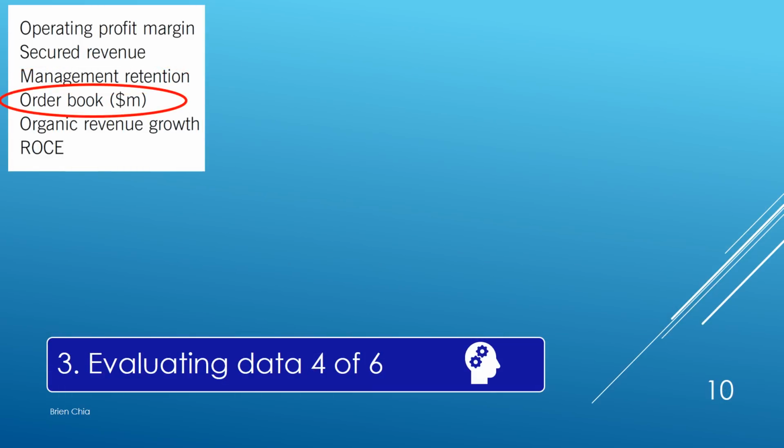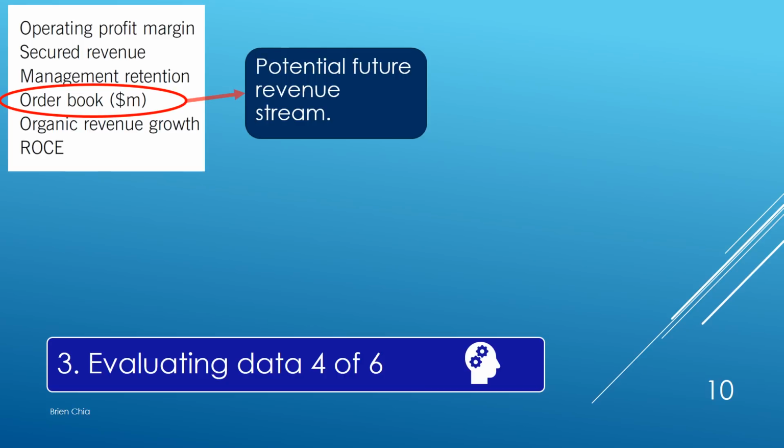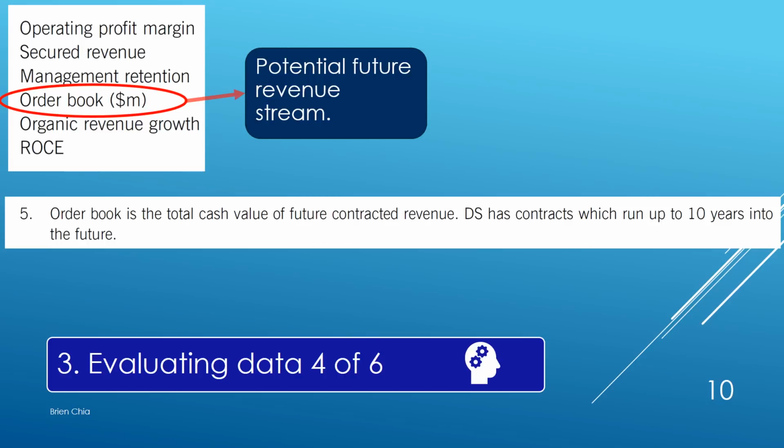We're going to take a look at the fourth one, which is order book, which is a potential future revenue stream. You're going to get revenue from your order book. And something interesting here is that they have calculated order book using total cash value, which is okay. A lot of companies do report using their cash value. But in this particular scenario, DS has contracts which run up to 10 years into the future. 10 years is a very long time.